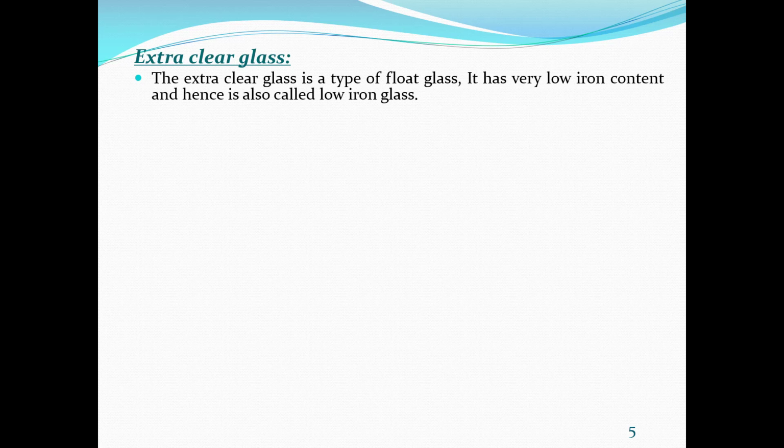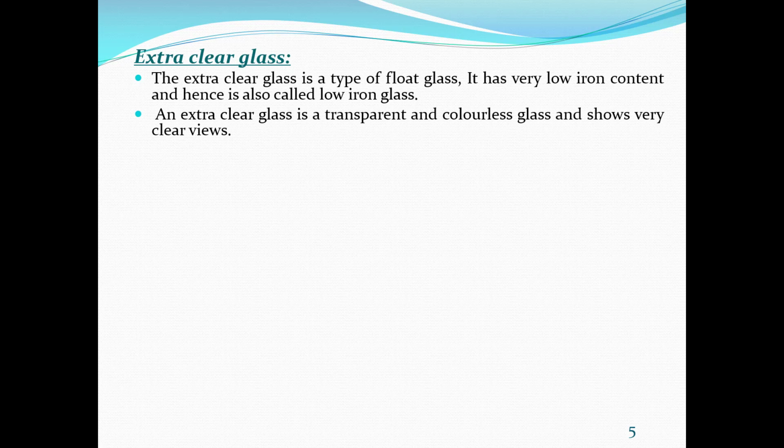The third type of glass is extra clear glass. It's very clear. It's extra clear. That means there is no iron content in it, or not any metal oxide. The extra clear glass is a type of float glass and it has very low iron content, and hence is also called low iron glass.